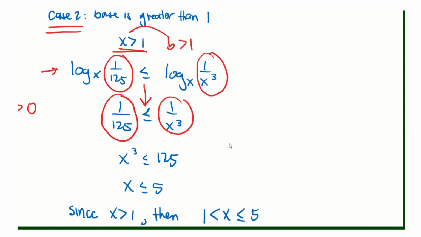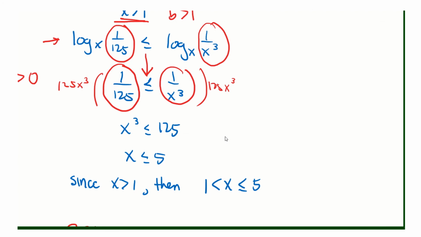Again, multiplying both sides by 125x cubed, you will end up with x cubed less than or equal to 125. Again, it's an odd number. We can take the cube root of both sides directly, ending with x less than or equal to 5.